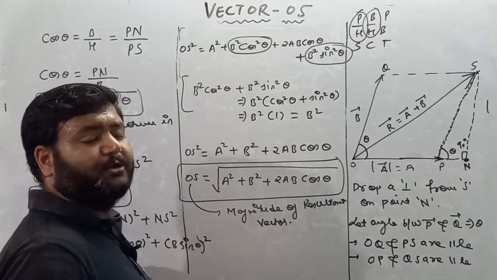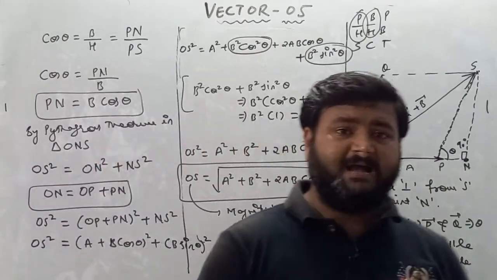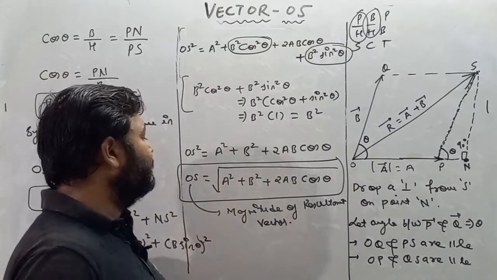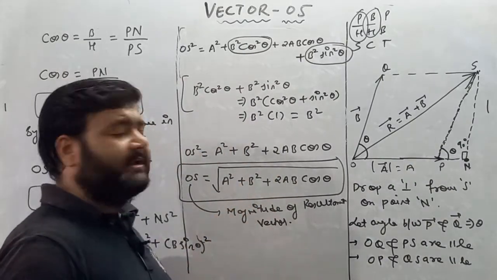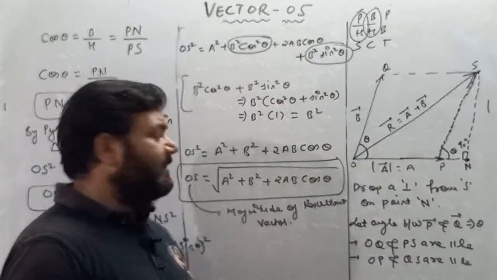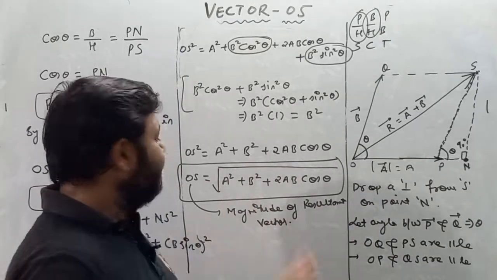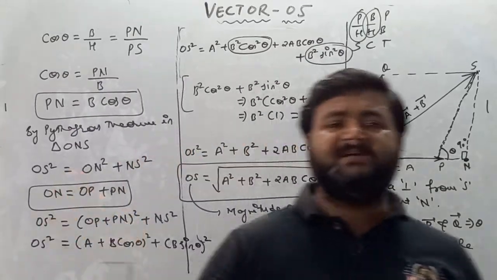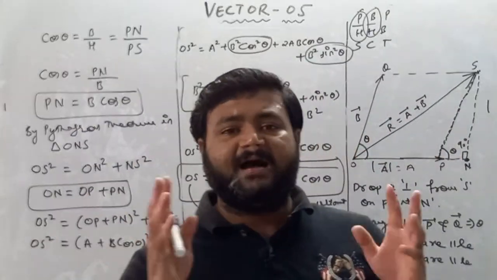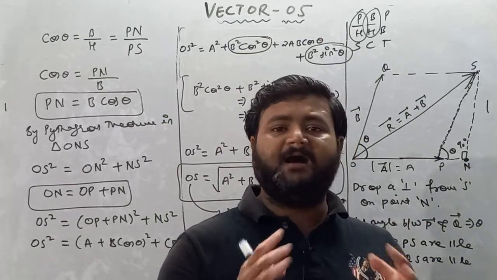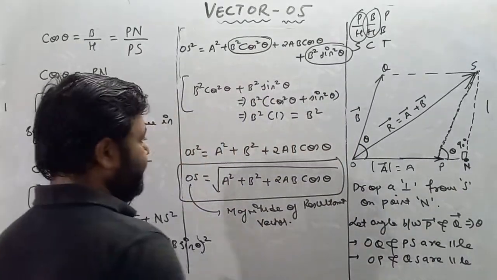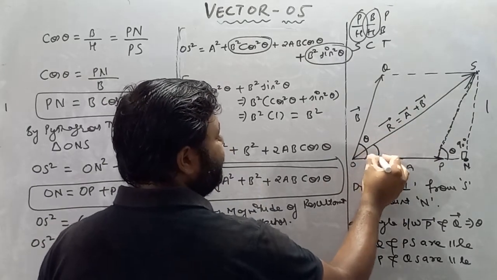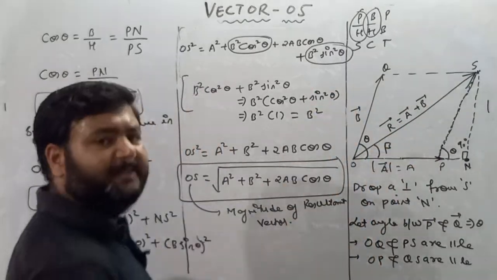So the magnitude of two vectors is always equal to under root A square plus B square plus 2AB cos theta, where A is the first vector, B is the second vector and theta is the angle between the first vector and the second vector. I hope you all are understanding how we'll proceed. Now moving forward, let's suppose this resultant vector is making some angle, let's say beta.